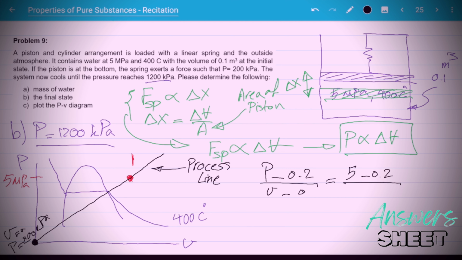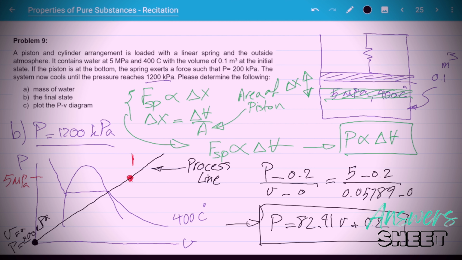I'm trying to figure out the slope. Now from this, we get that pressure in megapascals is 82.91 specific volume plus 0.2. So I found the equation of this black line.